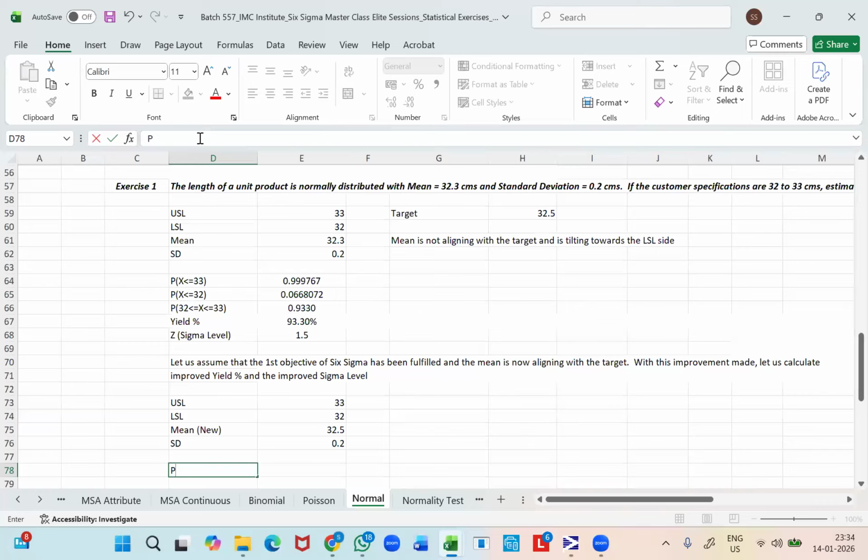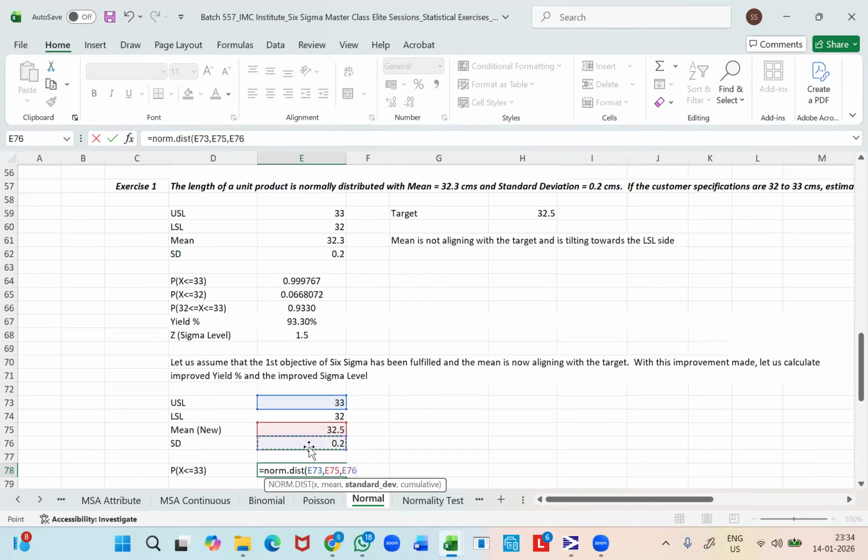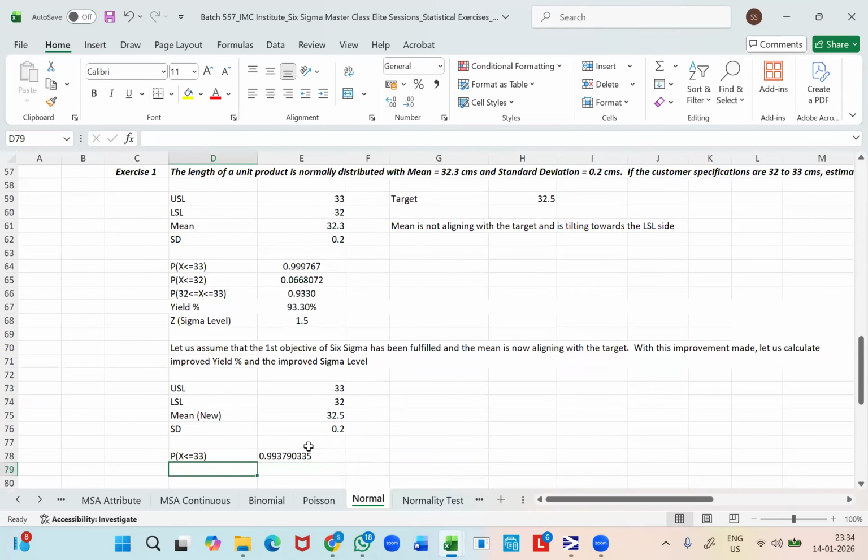So first let me calculate the entire area to the left of 33. This is equal to NORM.DIST open bracket, the USL value, comma, mean 32.5, comma, standard deviation, comma, cumulative is true. And then the area to the left of 32, P of x less than or equal to 32.